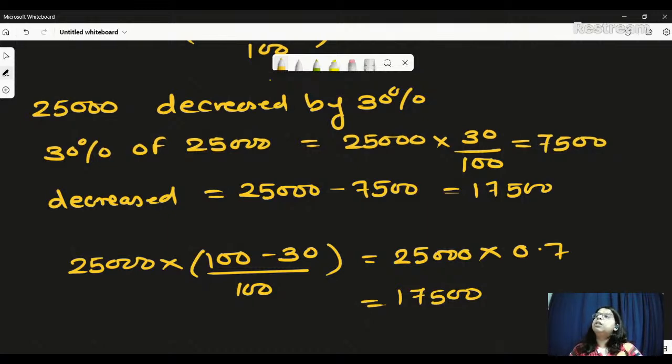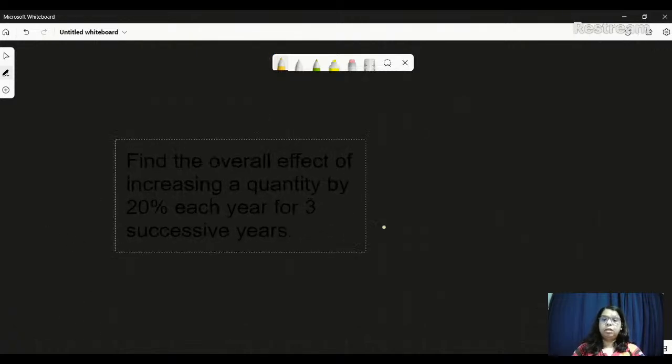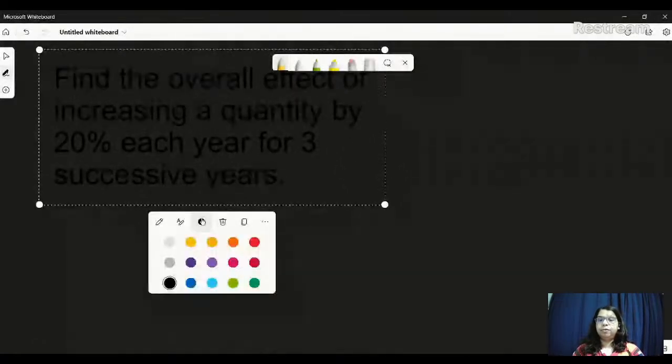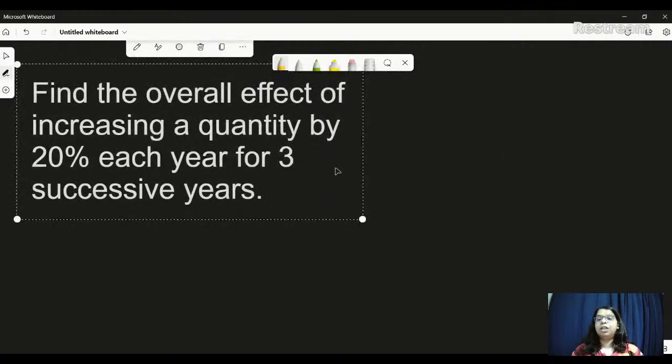It says find the overall effect of increasing a quantity by 20% each year for 3 successive years.